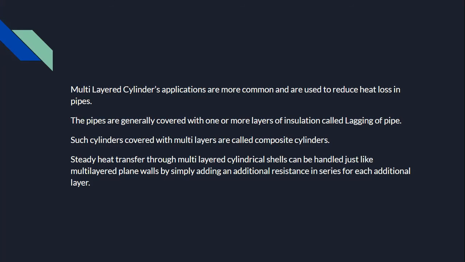Such cylinders covered in multiple layers are called composite cylinders because they're composed of different layers of cylinders. The steady heat transfer to multi-layered cylindrical shells can be handled just like multi-layered plane walls, by simply adding an additional resistance in series for each additional layer. We'll continue the derivation we did in heat conduction in cylinders to further derive an expression for a multi-layered cylinder.